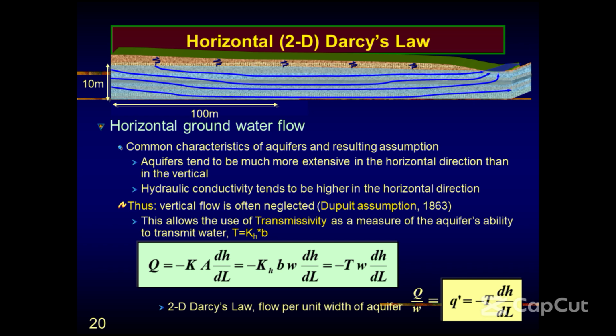Instead, since A is B times W, our interest will shift from Q over A to Q over W.